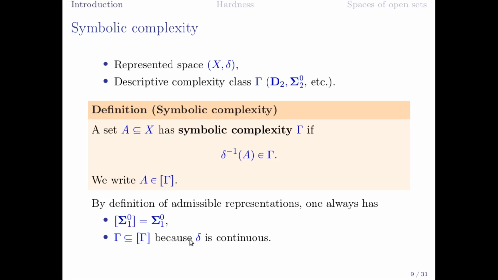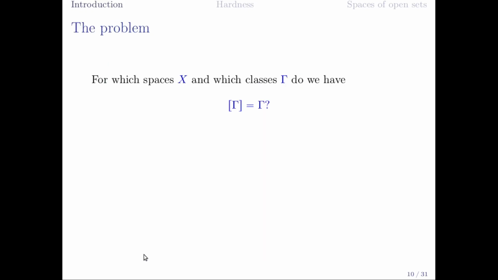Another consequence of being admissible is that the representation is continuous. So if a set has complexity gamma, then its preimage under delta has also complexity gamma. So we always have this inclusion. Okay, but in general we will see that we may not have equality. So the main problem is for which spaces and which complexity levels gamma do we have equality.